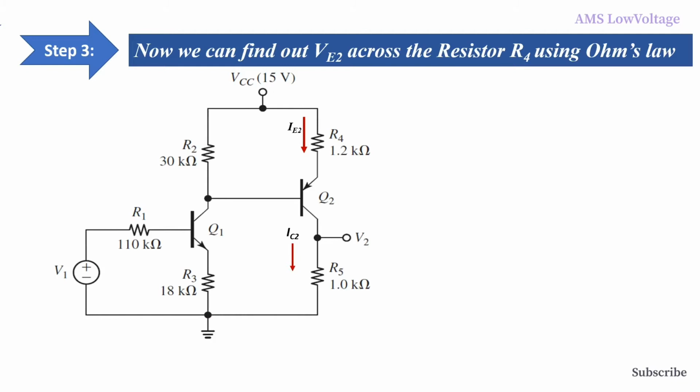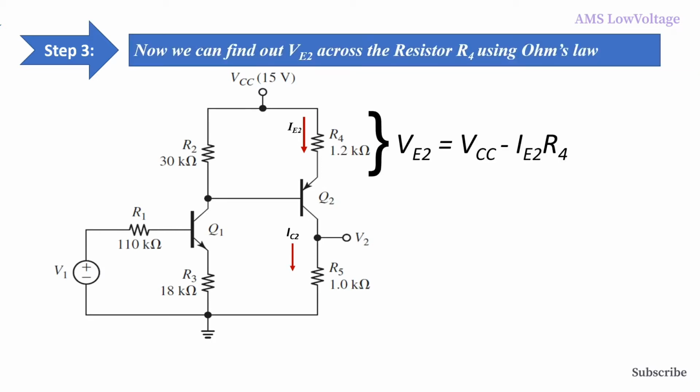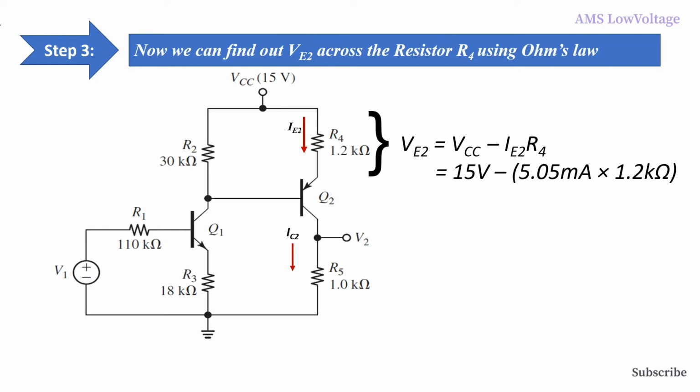Now we can find VE2 across the resistor R4 using Ohm's law. So VE2 equals VCC minus IE2 times R4.